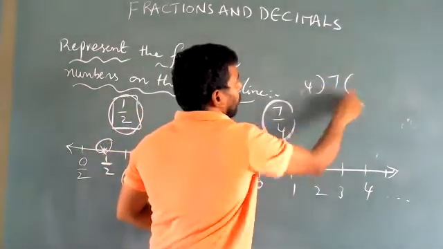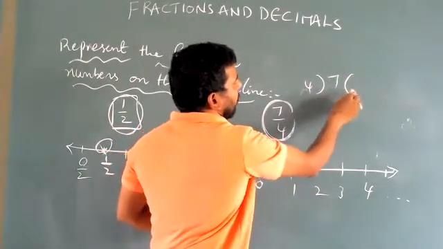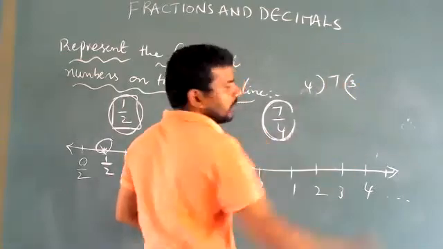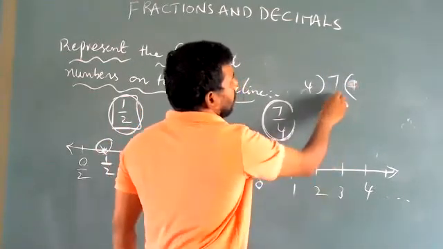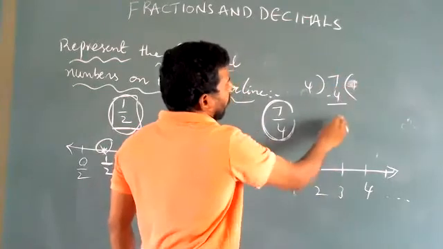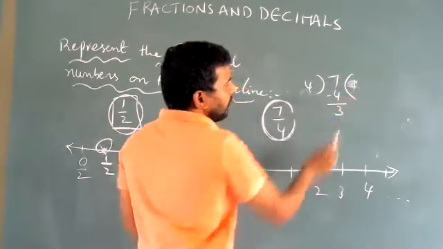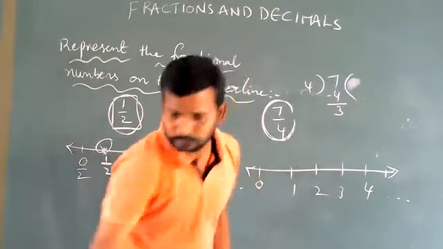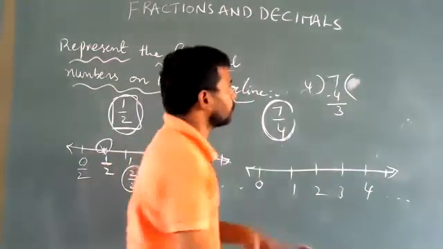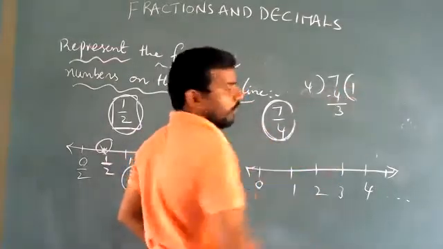7 is numerator, 4 is denominator. 4 in 7, how many times divisible? 1 time divisible, sorry. 7 minus 4, how much? 3. Now take quotient, how much here? 1.